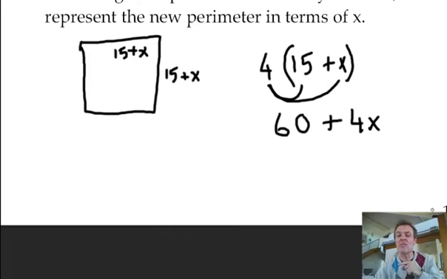Now I'm saying I don't know what it is, but I know there's 4 lots of it. Here's an extra x, another extra x, another, and another. 4 sides. Here is the expression for increasing one of the sides by x, but don't forget all 4 of the sides. Hence the original plus 4 lots of the extra bit I've added on. Either one of those will do for an answer.